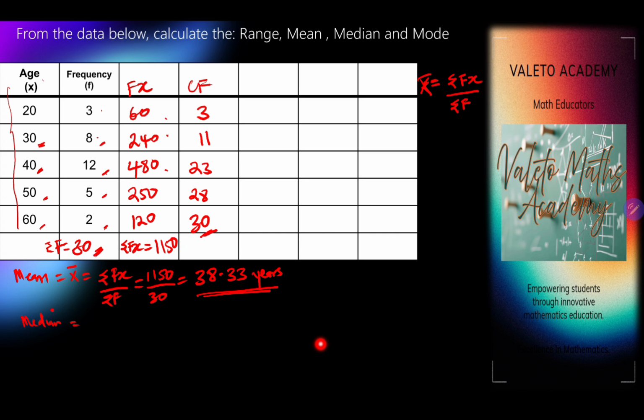What the cumulative frequency means is that the first three elements in this data set can be found here. The fourth element to the 11th element can be found here. The 12th element to the 23rd element can be found here. The 24th element to the 28th element can be found here.